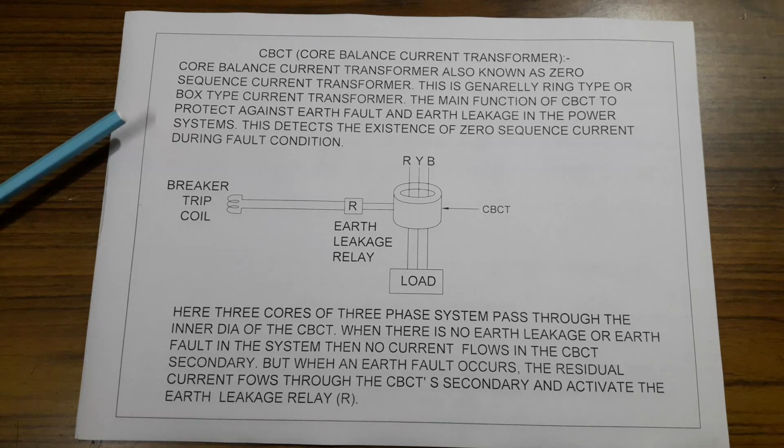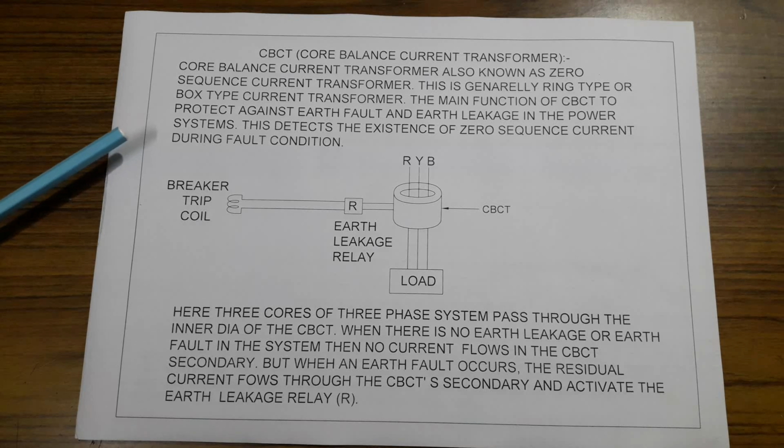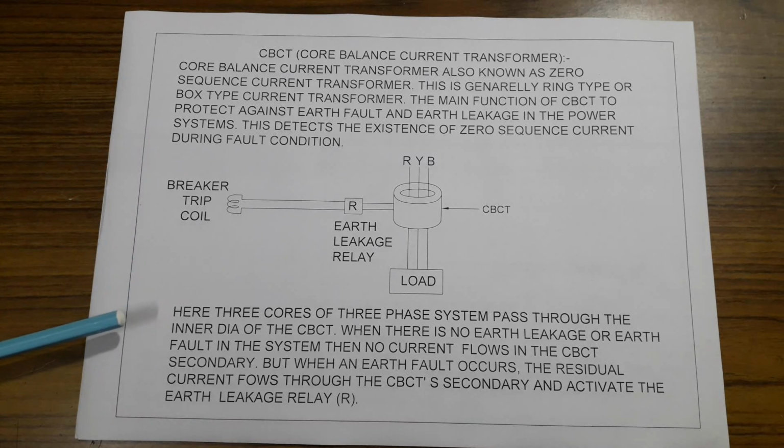This detects the existence of zero sequence current during fault condition. Here the three cores of a three-phase system pass through the inner diameter of the CBCT. When there is no earth leakage or earth fault in the system, then no current flows in the CBCT secondary. But when an earth fault occurs, the residual current flows through the CBCT's secondary and activates the earth leakage relay.